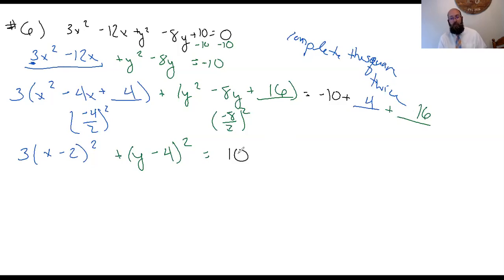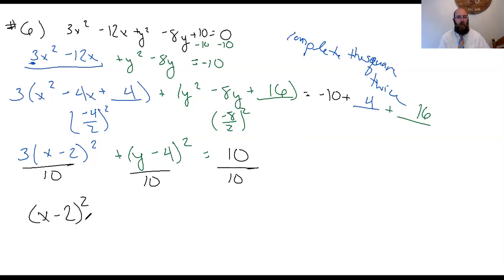All right, awesome. But I told you we have to divide by that 10 so that we have a fraction everywhere. So I am going to divide by 10, divide by 10, divide by 10. Awesome. Doing well. So now this is an x minus 2 squared. And the 3 divided by 10, right?